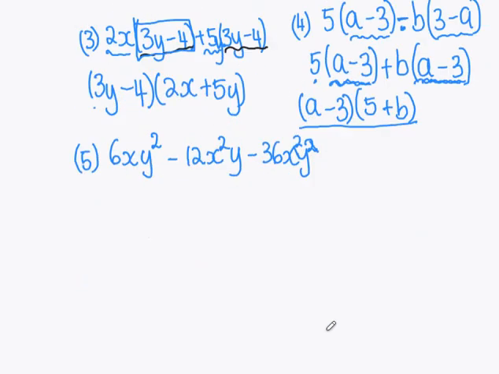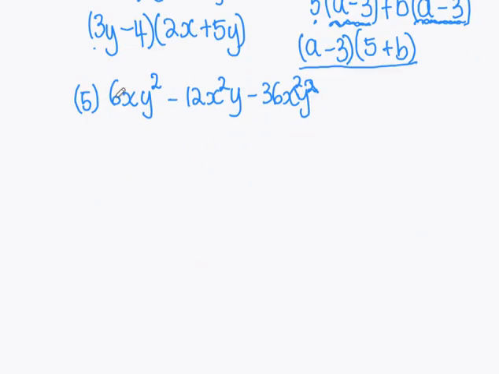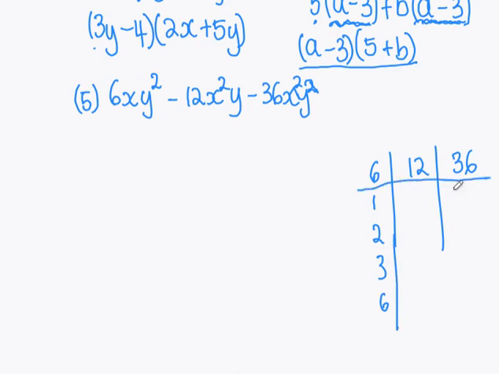All right, so let's look at the numbers. We have 6, we have 12, we have 36. Factors of 6: 1, 2, 3, and 6. And factors of 12: 1, 2, 3, 4, 6, and 12.